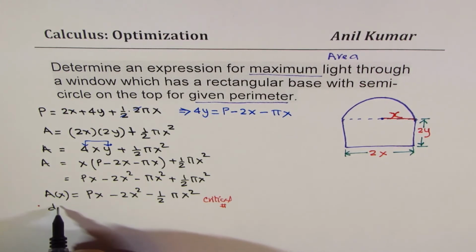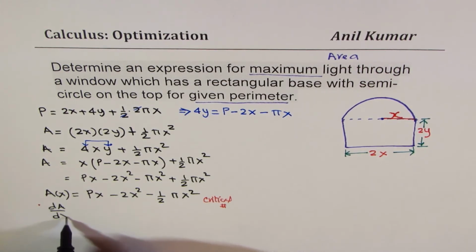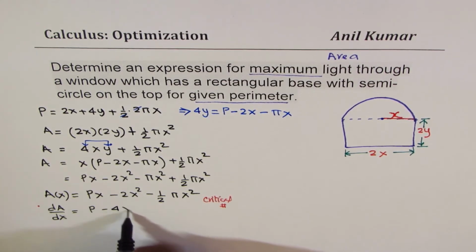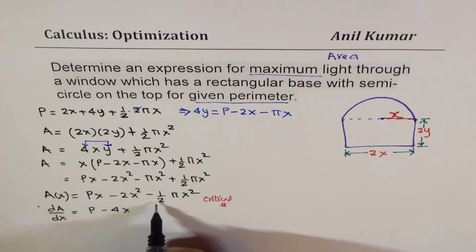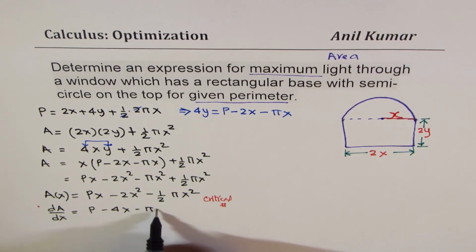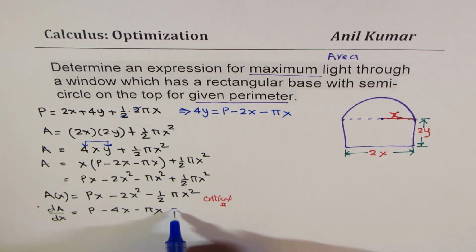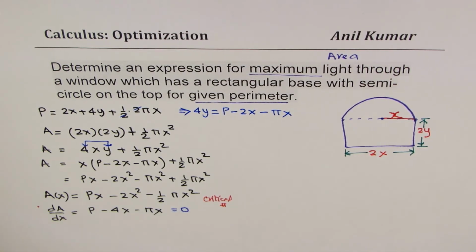So we get dA over dx is equal to, we get p from here minus 4x, and this is 2 and 2 cancels, pi x minus pi x. So that is what we get. So p minus 4x minus pi x is the first derivative. Critical number is when that dA dx is equal to 0. So we'll equate this to 0 to find the critical number.